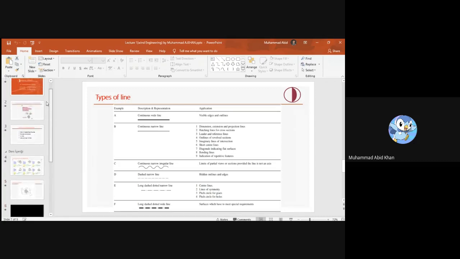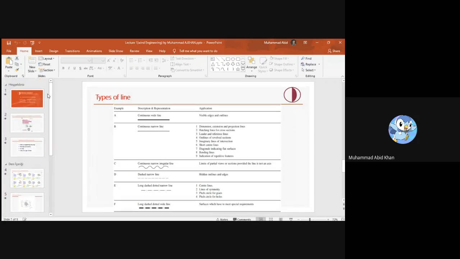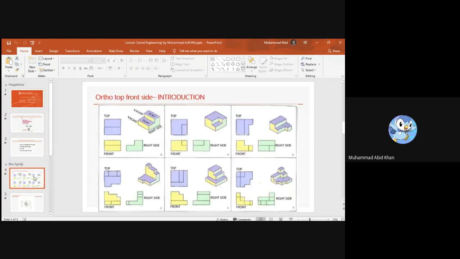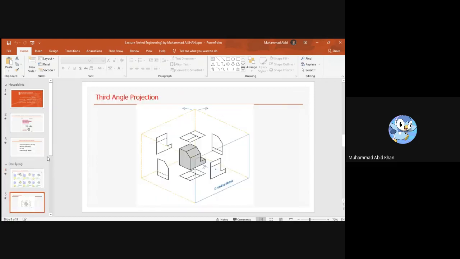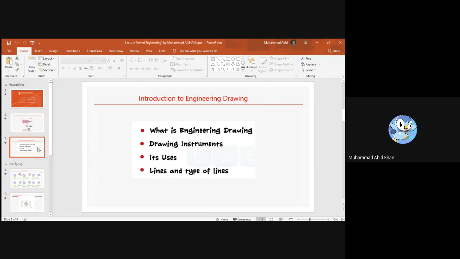Okay, I explained as well first angle projection and third angle projection, and what kind of instruments we use in this lecture or in this course.